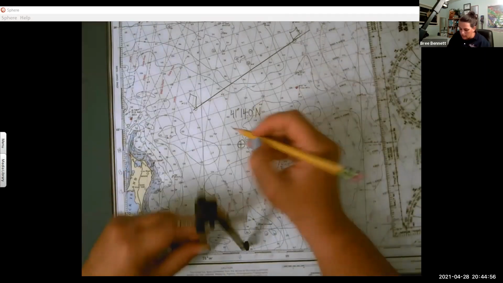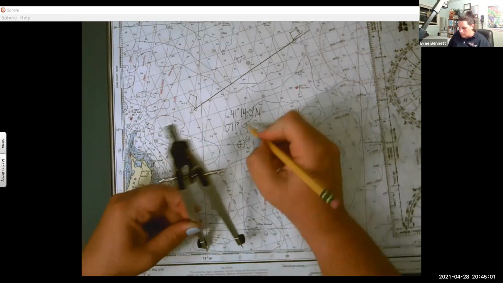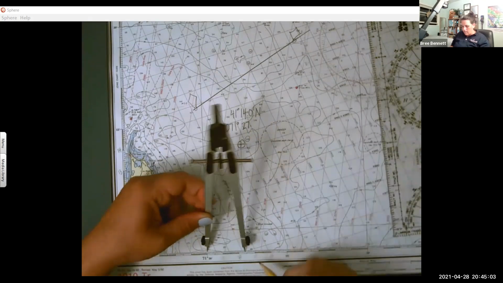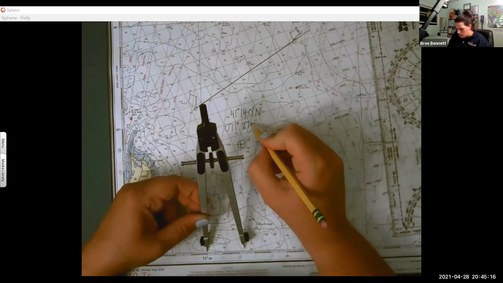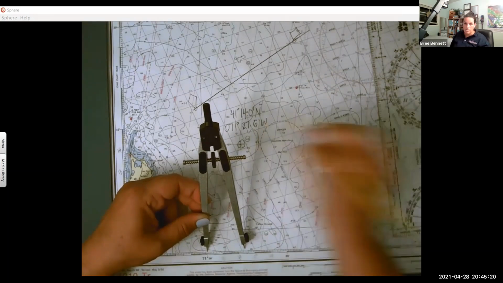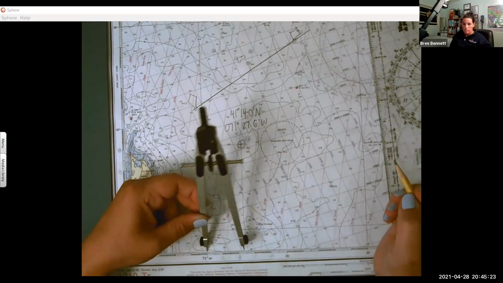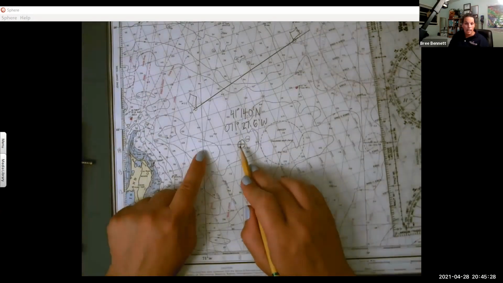So I'll write it down. We have 071 degrees, 27. And then if you could see, we have a 27 here, and then there's 10 little marks. So this would be 0.5, and then I'm 1 mark over. So that would be 0.6 minutes west. And that is how you get a latitude or longitude position.